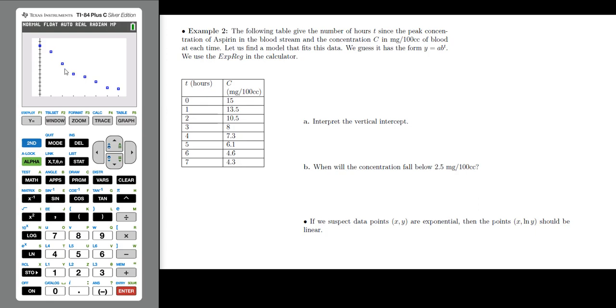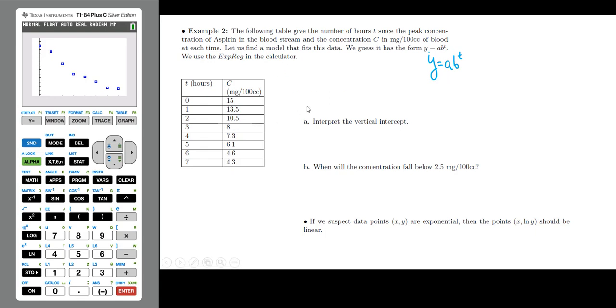All right, so I'm looking at this, and at first maybe even tempted to put a line to it, but if you look at it a little more, you can see this exponential decay type curve that might fit well with this data. So I think it's reasonable to try to fit something like this, a b to the t.